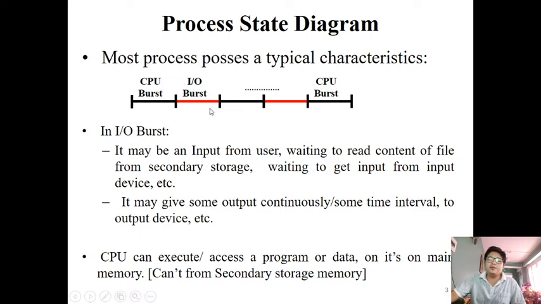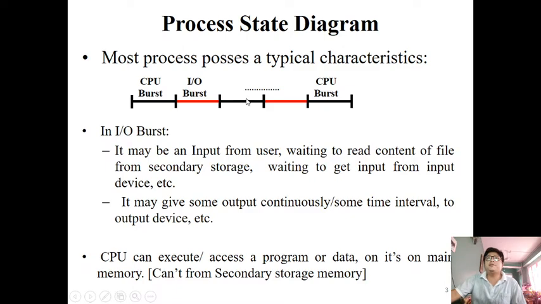So the common general characteristic of any process that is being executed is that it is a combination of CPU burst and IO burst, and it is generally said that the CPU burst is the first one to be executed, the first cycle.